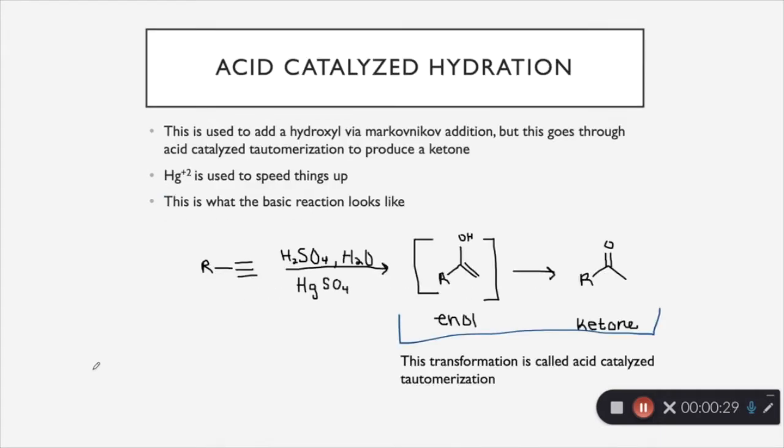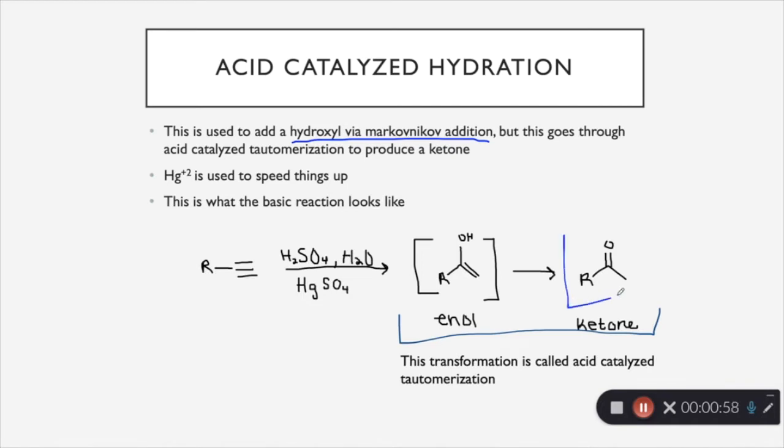Similar to hydration of alkenes, acid-catalyzed hydration is going to add a hydroxyl in the Markovnikov position, or the most substituted position. So this is the same. And this is what this enol is right here. This is if I just stuck a hydroxyl on the Markovnikov position, but for alkynes, this is not the final product. This is just an intermediate step, and it actually becomes a ketone.